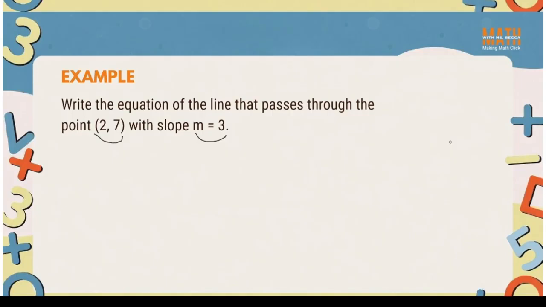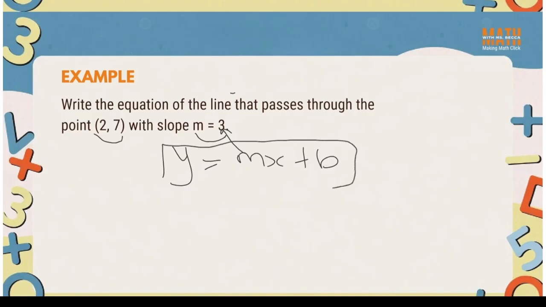So how do we solve this? Don't forget that the formula for slope-intercept form is y equals mx plus b. Now we've been given m to be 3 and we're given a point. How do we now write this equation?